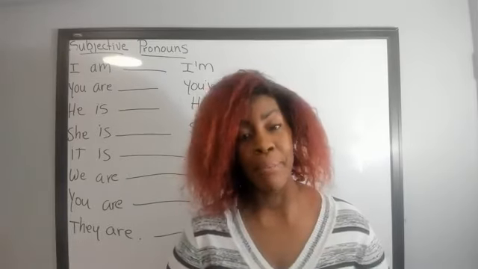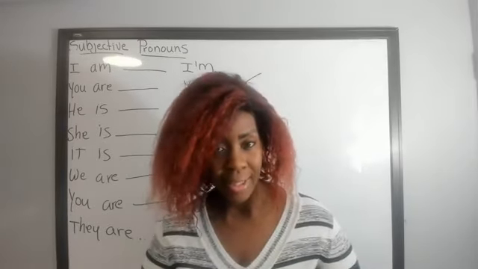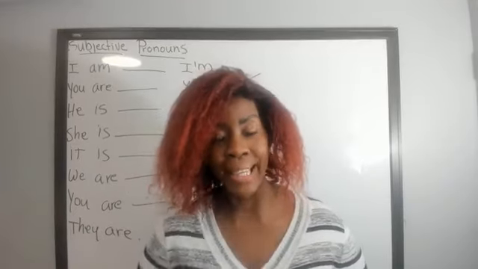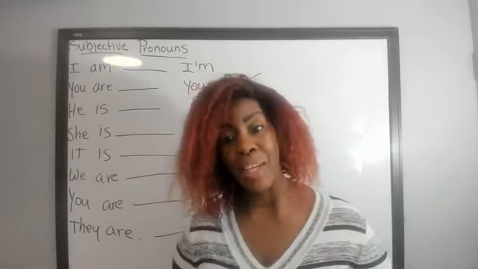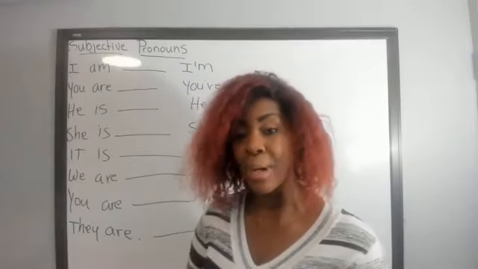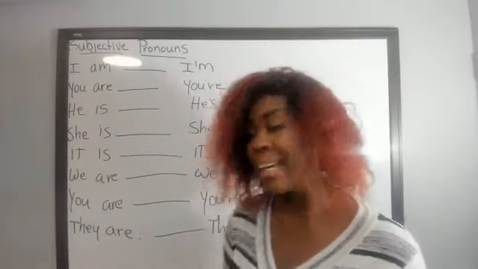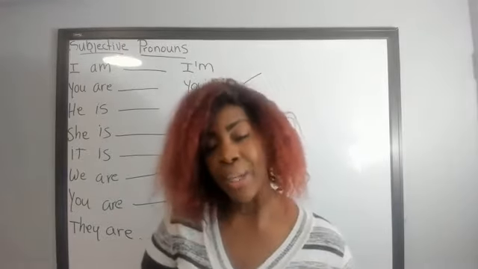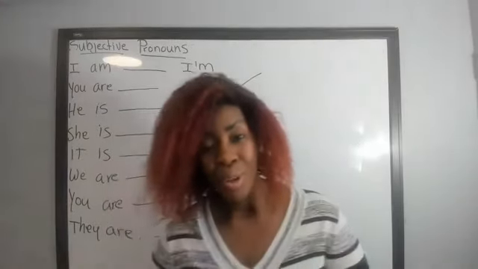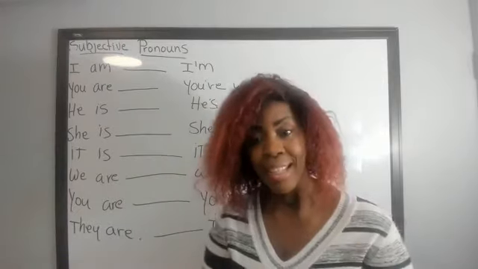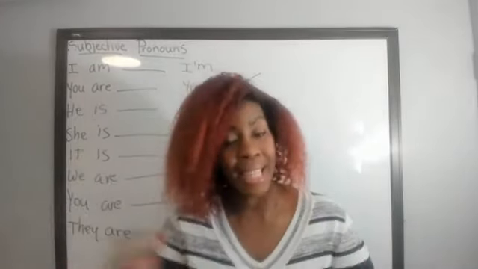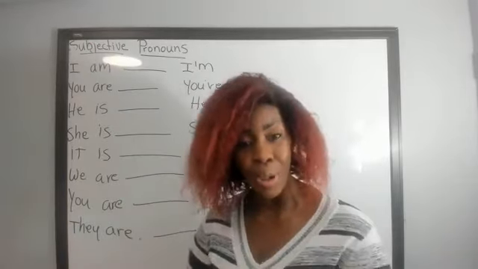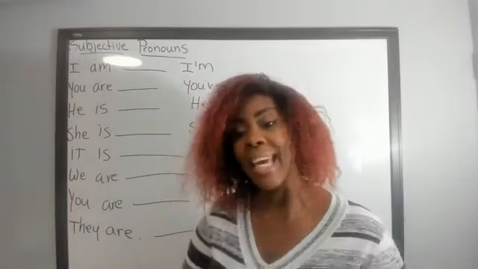But keep in mind, if I'm the one talking about the man, I will start with he is. But if it's the man that is talking about himself, the he will be I for himself. So if Colbert is talking about himself, Colbert is the subject, he will say I am, since he is talking about himself. But if I am the one that is talking about Colbert, I will say he is.